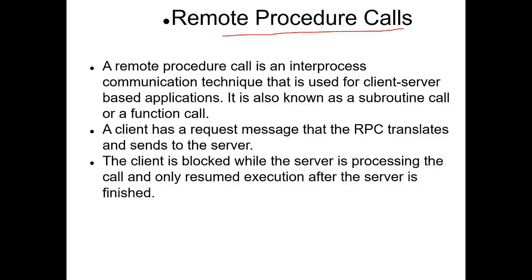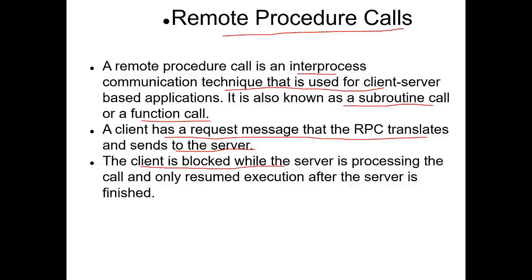So remote procedure call is an inter-process communication technique that is used for client server based application. It is also known as subroutine call or a function call. A client has a request message that the remote procedure call translates and sends to the server. So the request message will be sent to the server by translating it in the form of a system call or a function call.